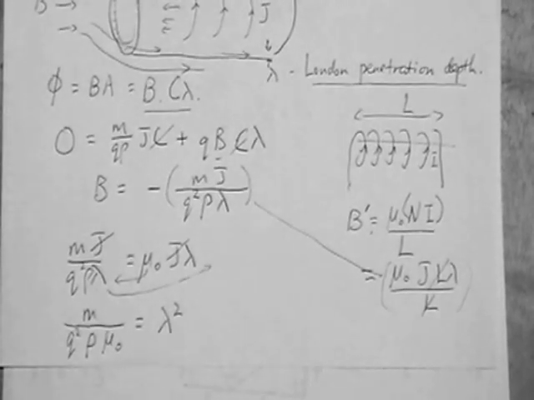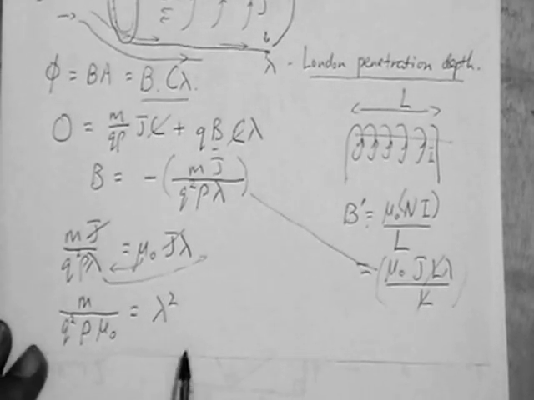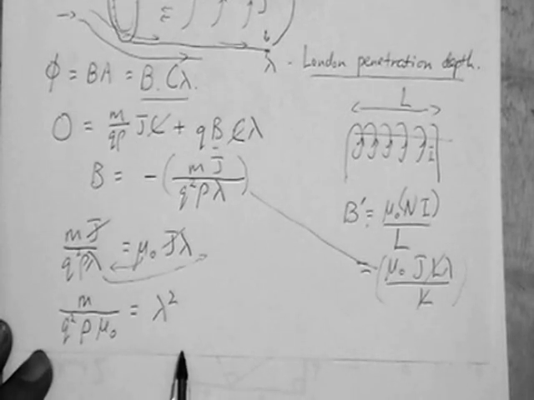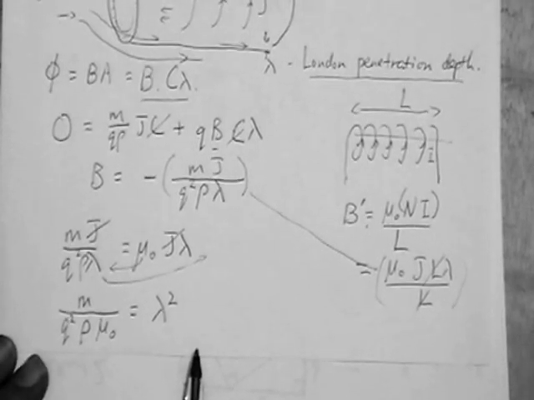Now from this formula, we can actually estimate a number for lambda for a typical, well, for metal that becomes superconducting.